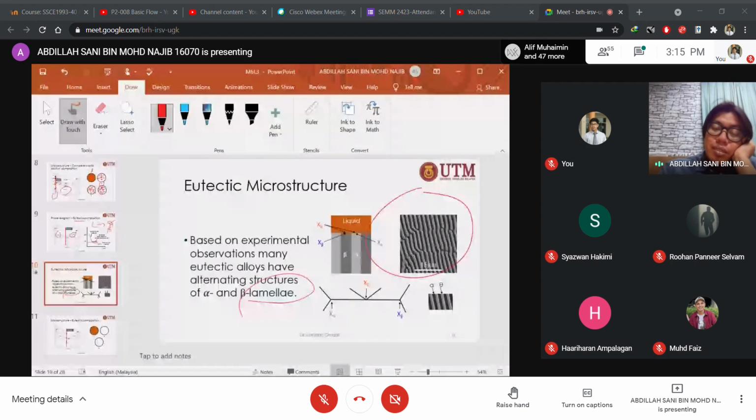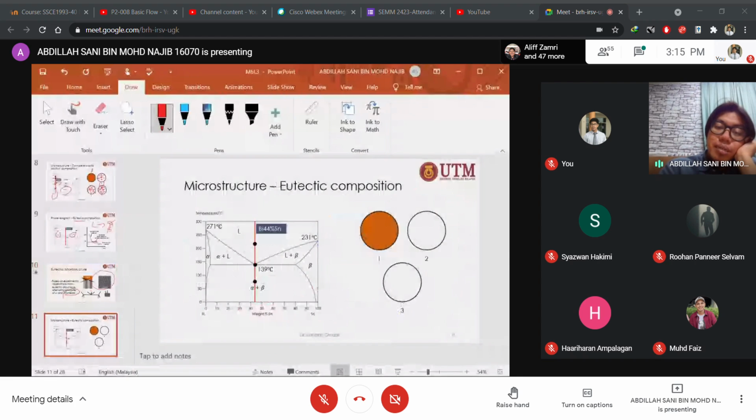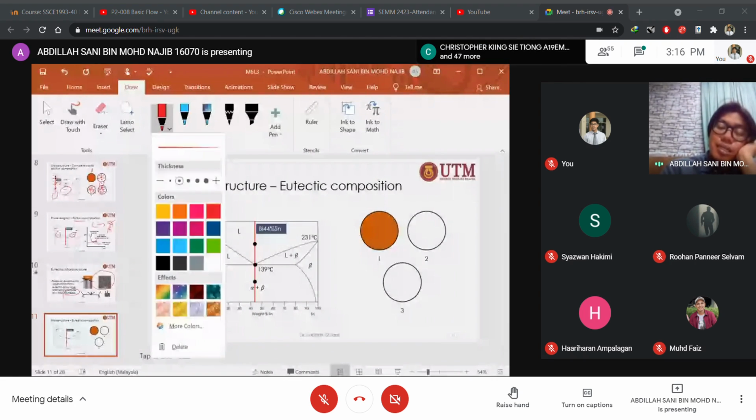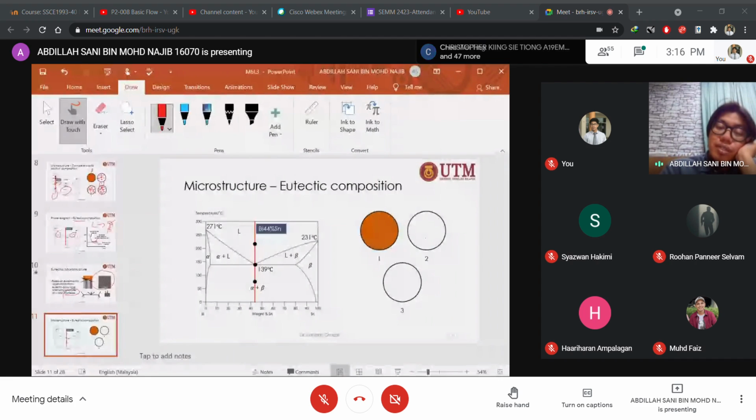eutectic point. So from here, number one is liquid. Number two is the nucleation starting to occur. Maybe some nuclei, and after it finishes, you have a combination of alpha and beta.